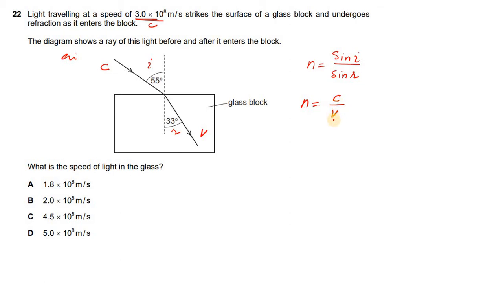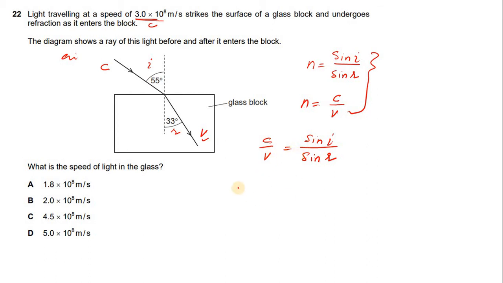Now, because we need to find speed, we can combine these two equations and say that C upon V is equal to sine I divided by sine R. We need to find the velocity in the glass block, V, so we make V the subject. Use your mathematics, do cross multiplication or whatever suits you.